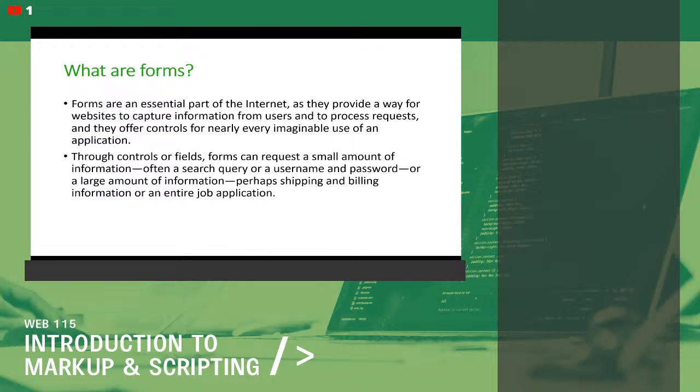And they give us controls for nearly every imaginable use of an application. So we get that big part of interactivity here. A form doesn't just have to be a long job application type, with 50 form fields to fill out. It can be something as simple as username, password, submit, you're in. All of these qualify as forms.